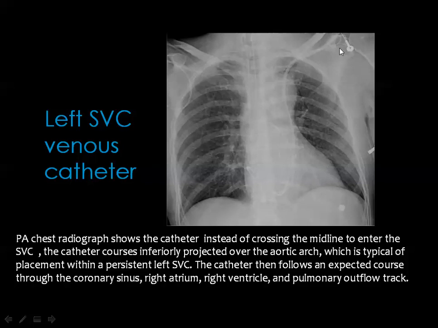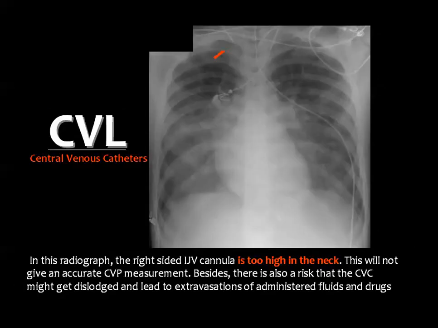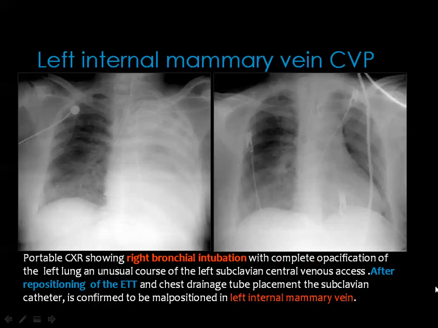If you introduce the catheter through the subclavian vein, it should go across the midline to the superior vena cava, but the catheter has reached the right side of the heart because the patient had a left-sided superior vena cava. And this is an abnormally too high central venous catheter, which is seen at the level of the first rib, and this may result in many complications.